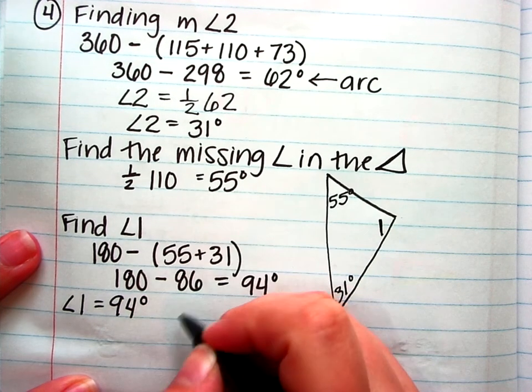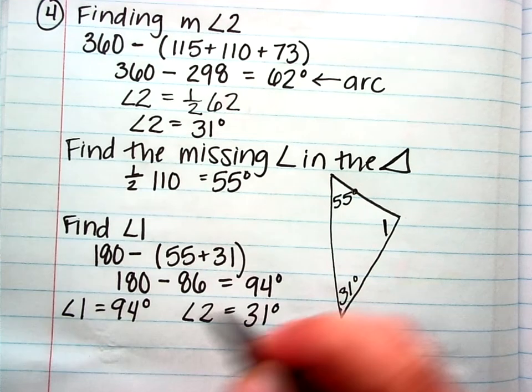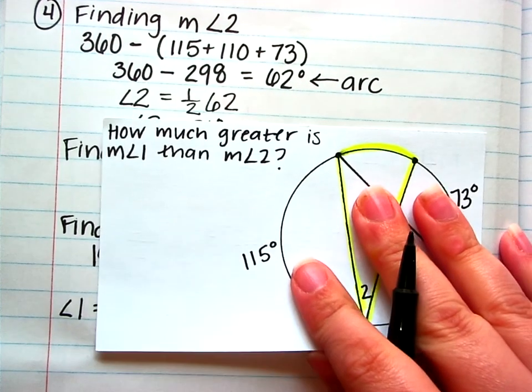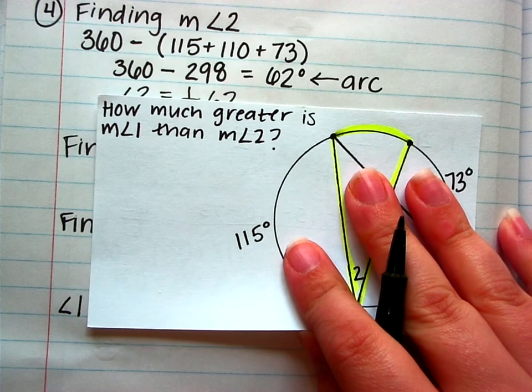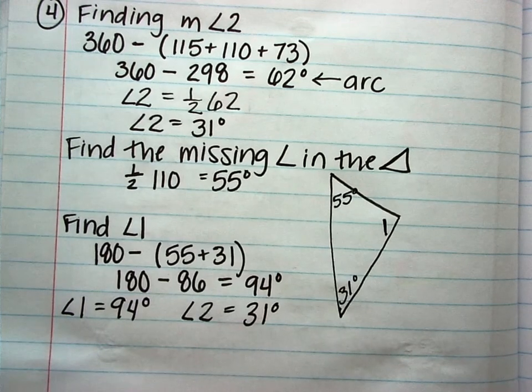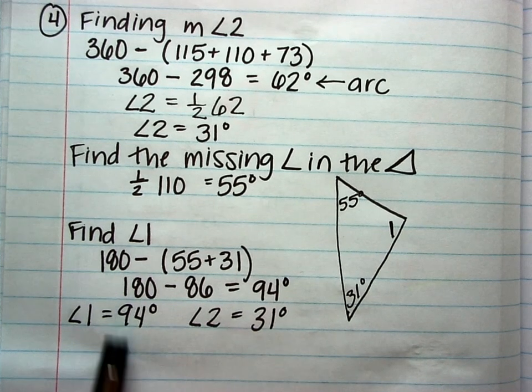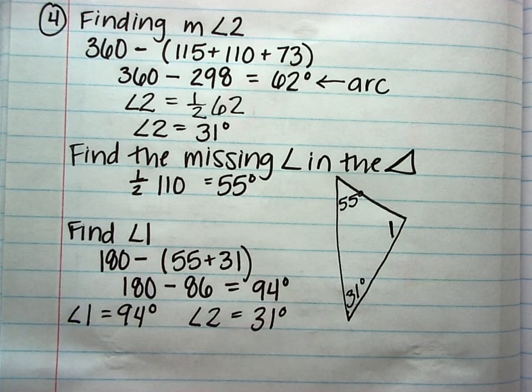We know that angle 2 is 31 degrees. So let's go back and answer the question. How much greater is angle 1 than angle 2? How much bigger is angle 1 compared to angle 2? So we need to know the difference. 94 is how much greater than 31?